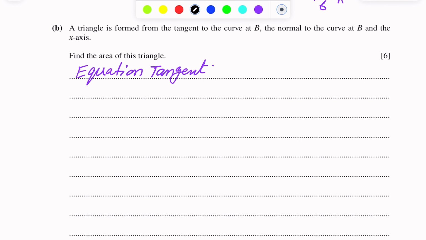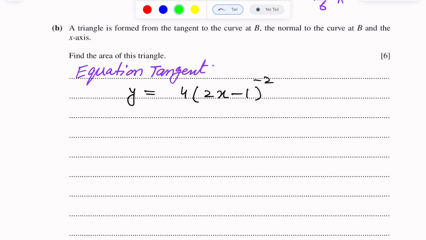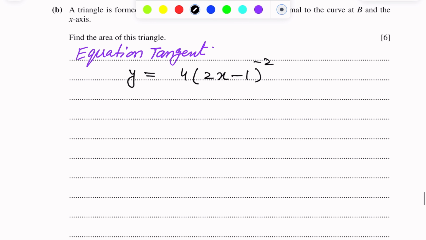The equation of the curve is y is equal to 4 into (2x minus 1) power negative 2. We are differentiating it with respect to x.